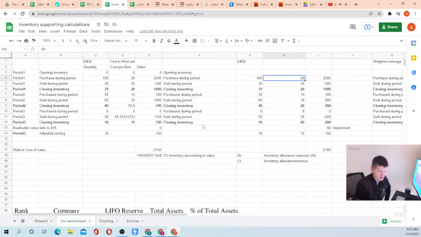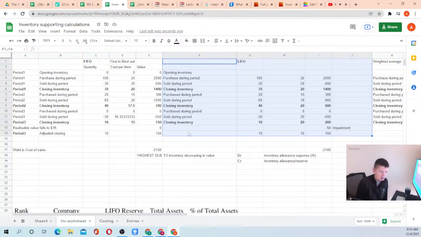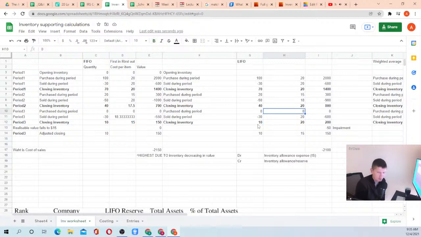Now if we sell all our LIFO inventory, our calculation will reset. So you cannot just say that the cost of your LIFO item will always be your first historical purchase of that material. If at some point we sell everything down to zero, then it will reset and we will start from scratch.